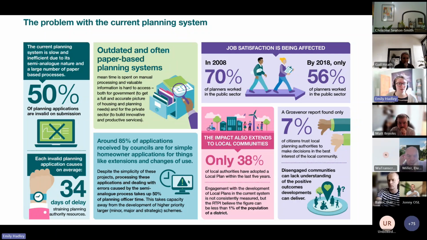There are lots of opportunities to help improve known pain points and issues, to make planning applications more correct at the point of submission, and help bring down those delays, which benefits everyone who uses the planning system.